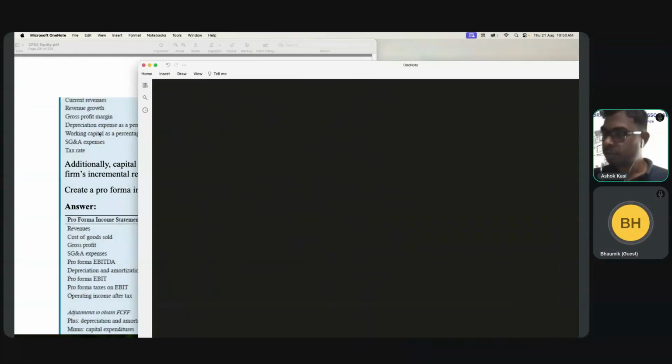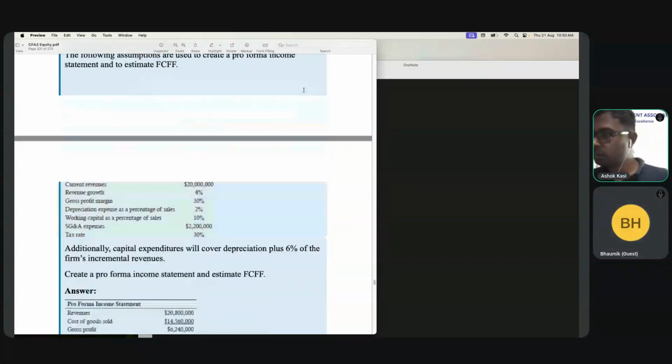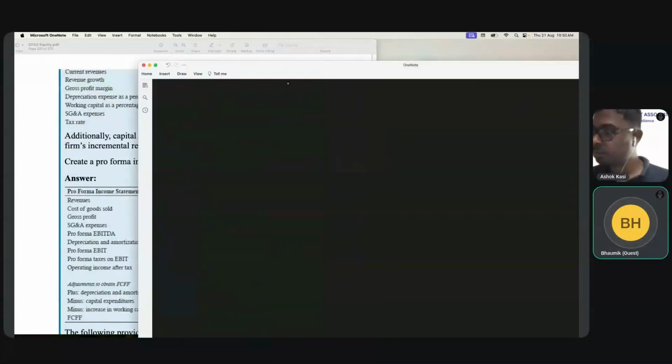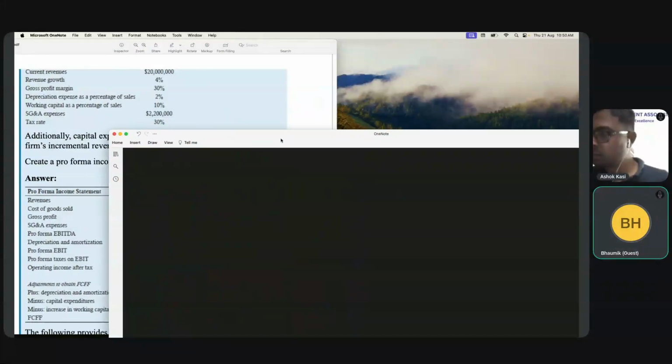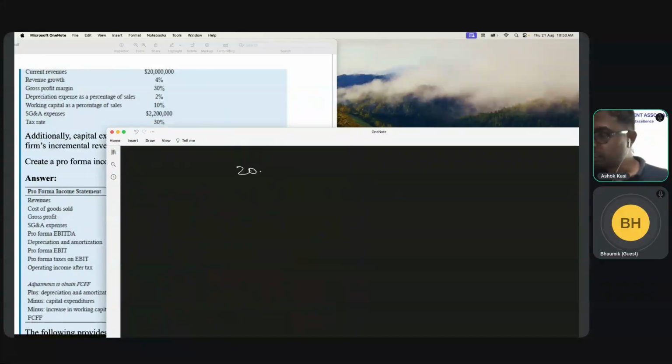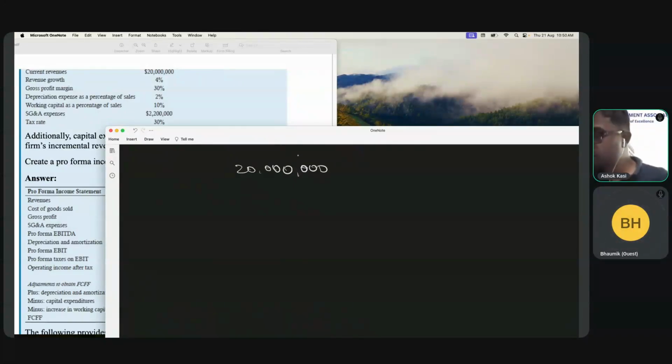Sales are 20 million. With revenue growth, plus 4%, you get 20,800,000. Then gross profit margin is 30%.